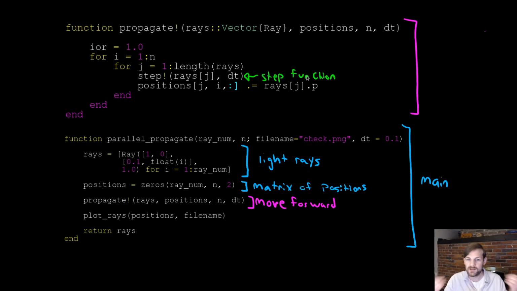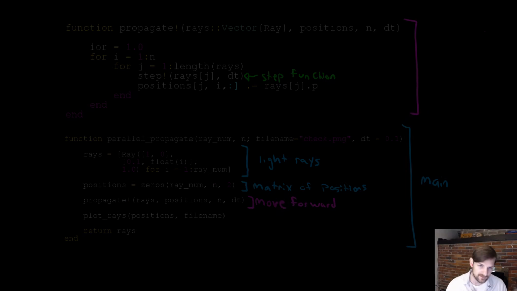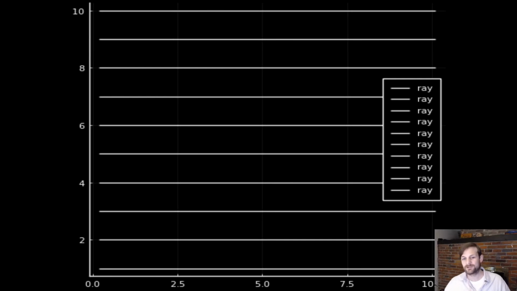If we're doing 3D, it would be the x, y, and z coordinates. That's why this array is going to be the ray number in one dimension, the n, which is the number of time steps in the other direction, and then the dimension, which in this case is just 2 in that last dimension. This allows me to easily plot it at the end to create this image. It's not much to look at right now, it's just a bunch of rays of light all moving in one direction, but don't worry, it gets a lot better, and we'll talk about how to make it better in subsequent sections.